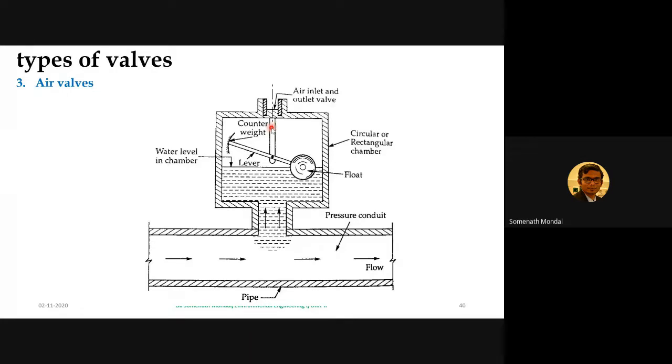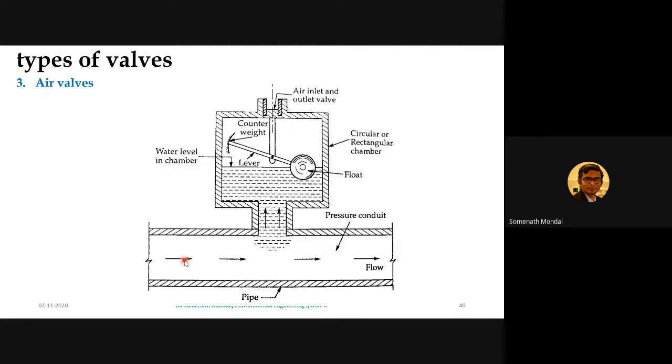As a result, the connector rod, because of the lever action, will again come down and open the air inlet and outlet valves. Once this is opened, the extra interrupted air will pass through, so there will not be any air lock in the next flow period.